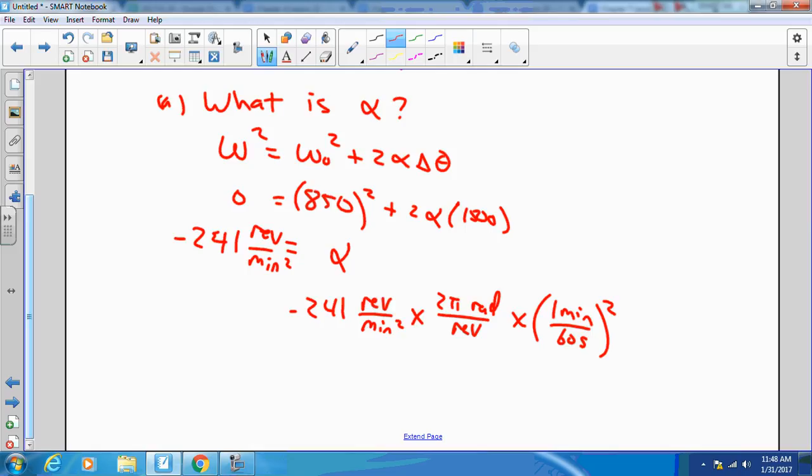When we actually do the computation, we get 241 times 2 pi, which gives me negative 0.42 radians per second squared. Exactly as advertised.